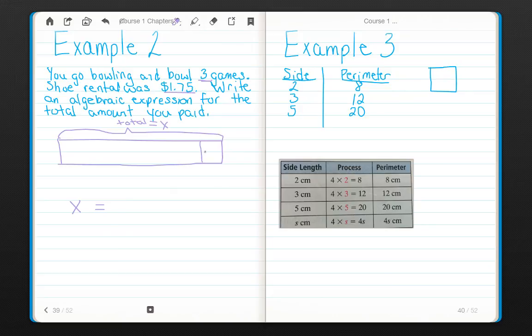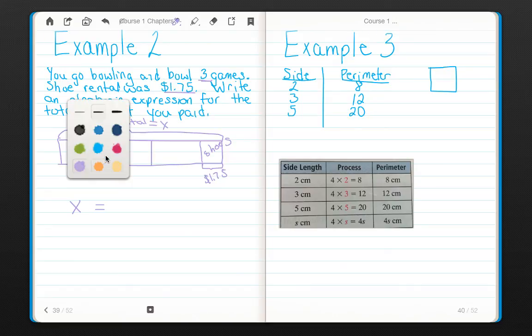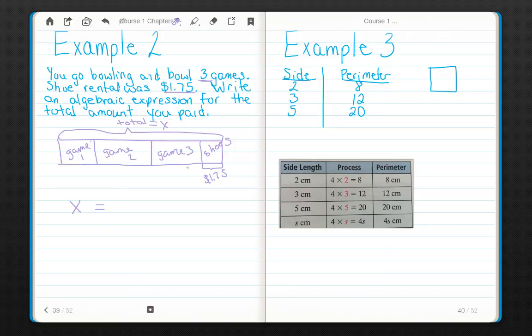So here are my shoes. They cost me $1.75. The rest of my total was spent evenly on those 3 games. Game 1, Game 2, and Game 3. Each of these 3 games is the same price.